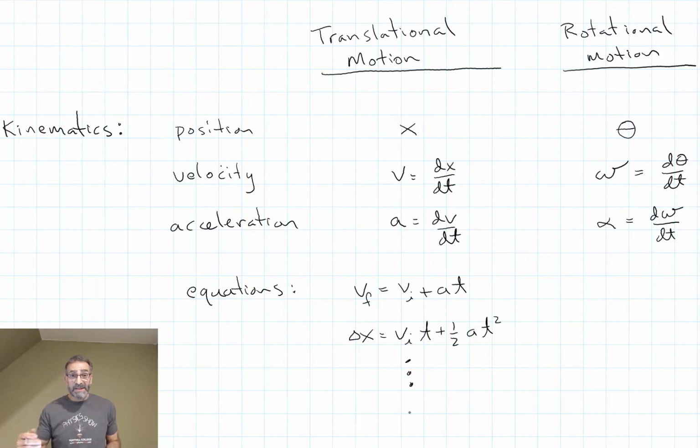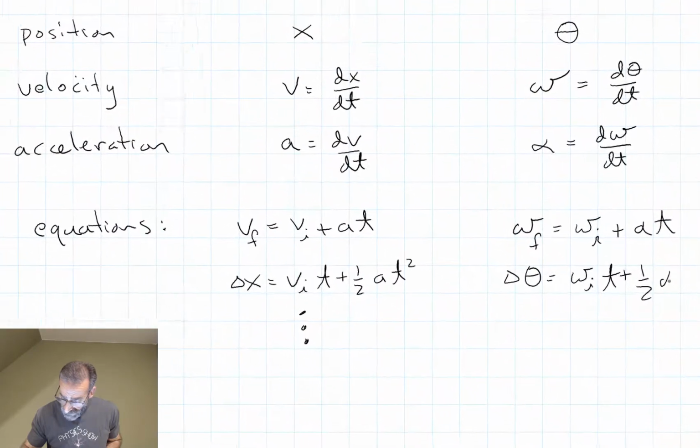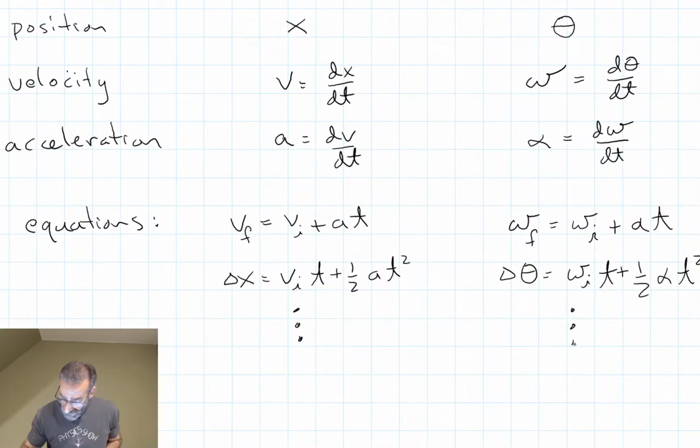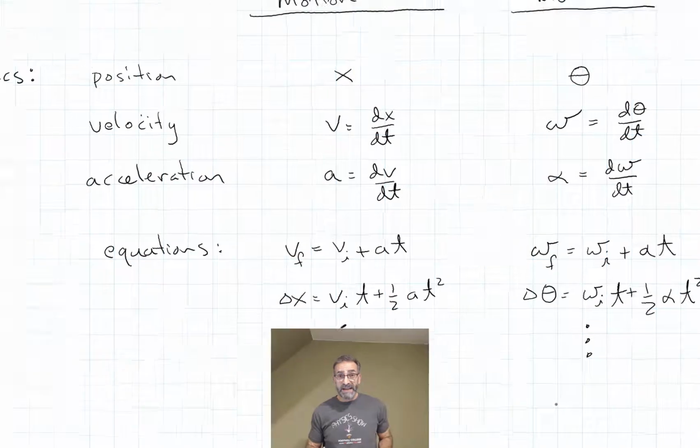Because we use the same definitions for our angular variables, omega and alpha, as we used for V and A, we are going to get the exact same equations. We just replace the V's with omegas, the X's with thetas, and the A's with alphas. So everything we did with kinematics before, using kinematics equations, drawing the graphs, and getting our results through graphical approach, we can do the same thing with rotational kinematics.